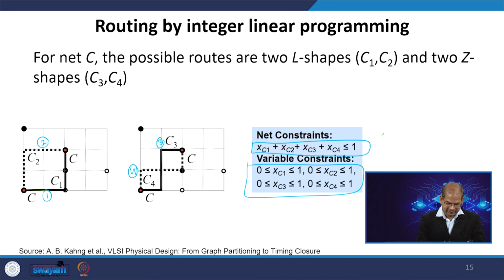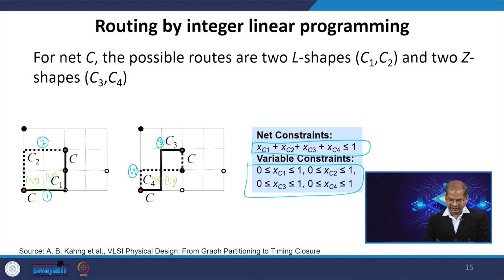This net is going through these two grids. This is 0 comma 0 and this is 1 comma 0. So, in this case, what are the nets going through this grid?